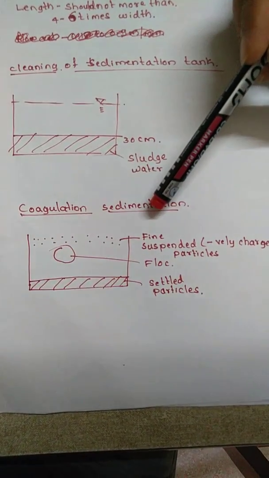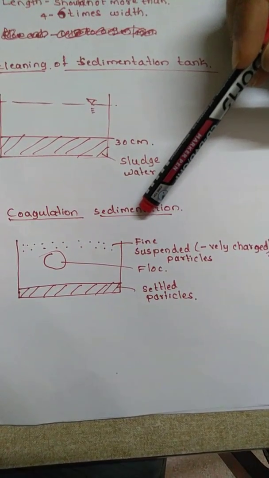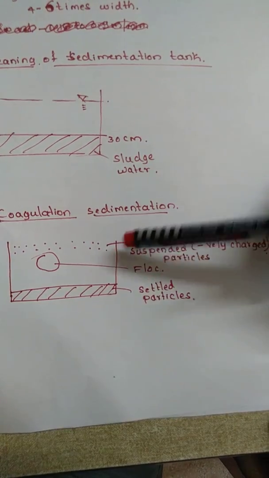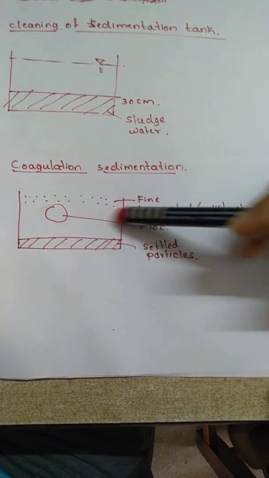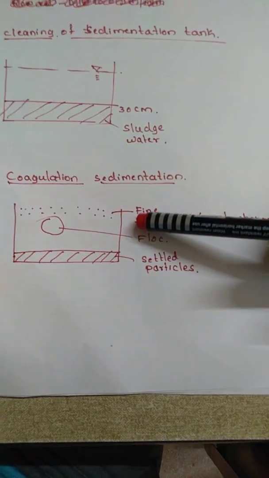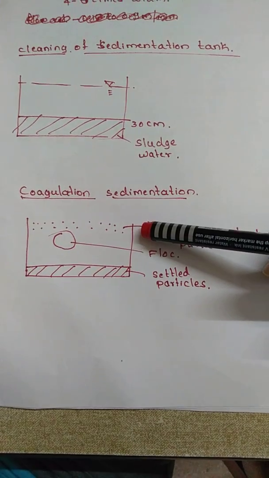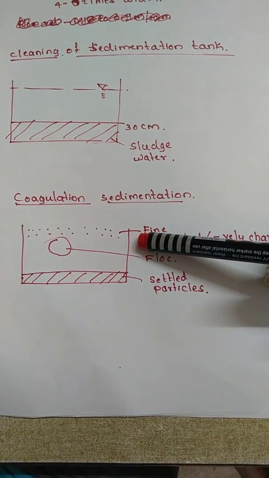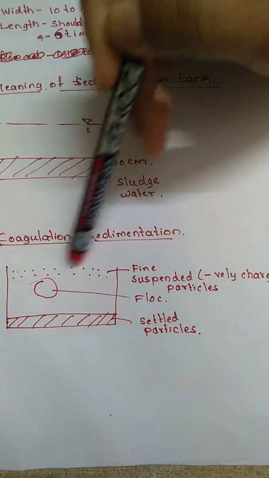Now if the particles are very small with very low specific gravity, even though we give a specific amount of sedimentation time, the particles will always remain in suspension. Then the question comes, how to remove such particles which are not going to settle down by their own weight? To remove these particles, we call this process coagulation sedimentation.